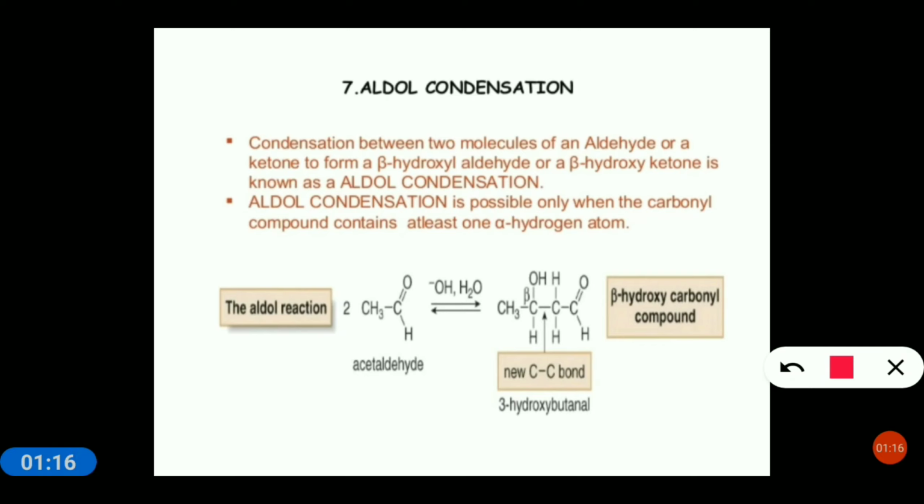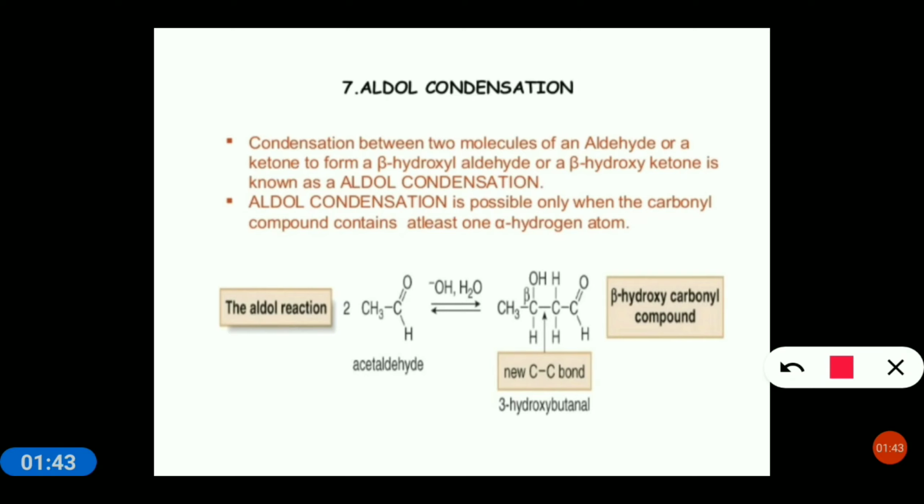Only alpha hydrogens are acidic. That's why this reaction is based on the acidity of alpha hydrogen of aldehydes or ketones. So the compounds, aldehydes and ketones having alpha hydrogen, can only give the aldol condensation.